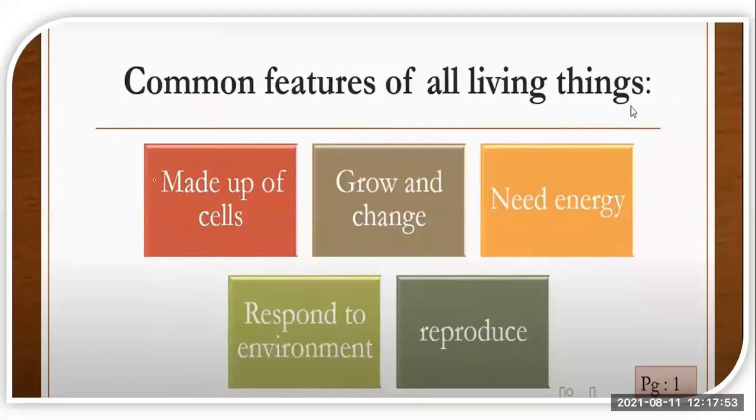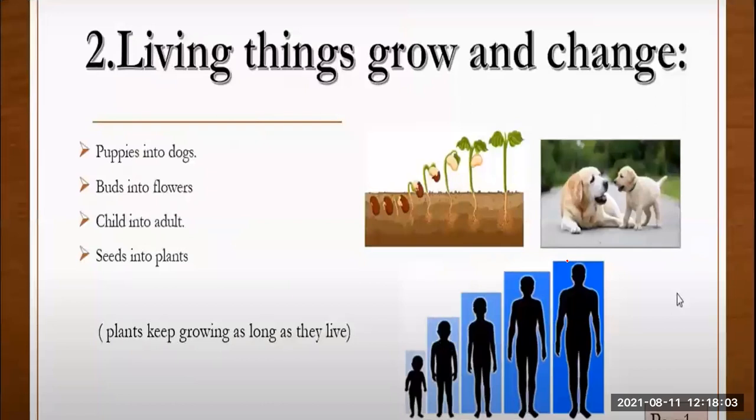Now, this was number one, and now we are going to see number two. Living things can grow and change. Here you can see puppies change into dogs, buds into flowers, a child into an adult, seeds into plants.